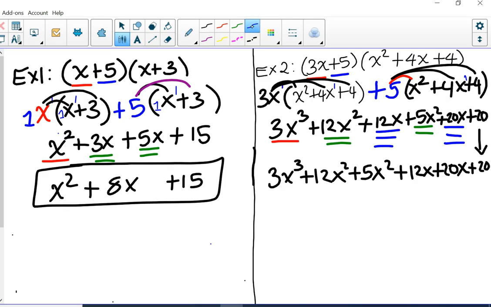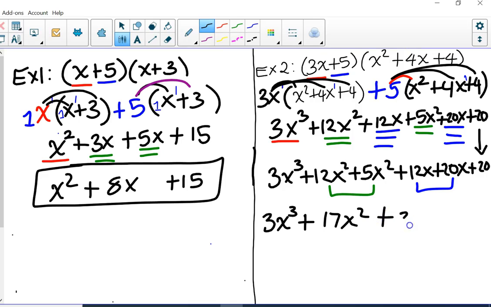Alright, now let's go ahead and add our like terms together. Our last step is to rewrite it with our combined like terms. So we have 3x cubed plus, 12x squared plus 5x squared will be plus 17x squared. 12x plus 20x, that will be plus 32x, and then I bring down my plus 20.